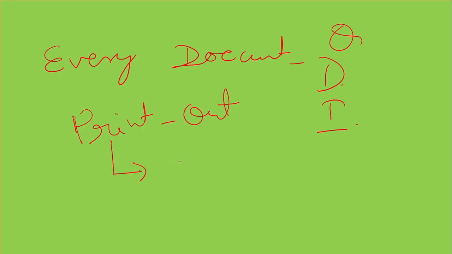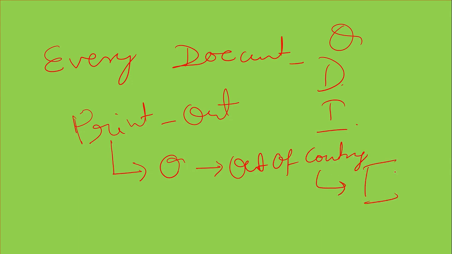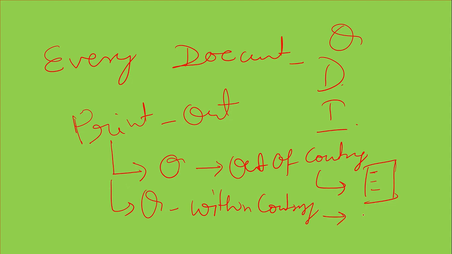So I can say that if any order is coming from out of the country, then I want one format of order where these three pieces of information will be there, but for the order which is coming from within the country, meaning any customer from India only is giving the order, then I want the order output in another form, meaning I will have these 4 fields. So for the same order I can take different prints.